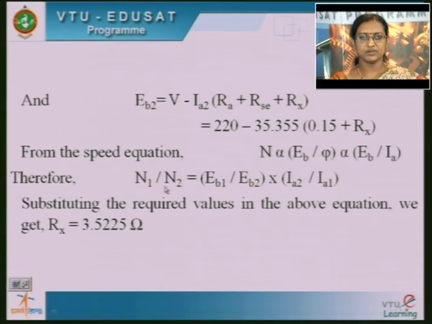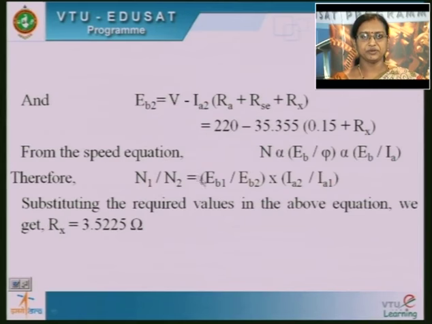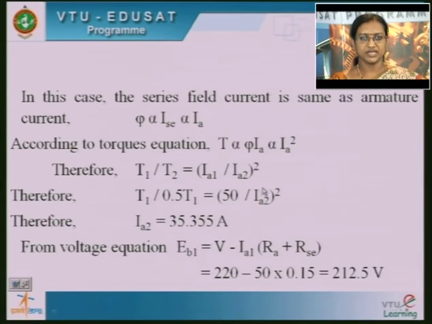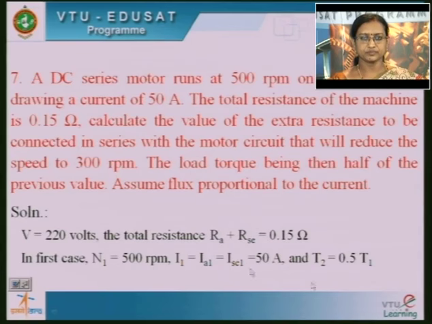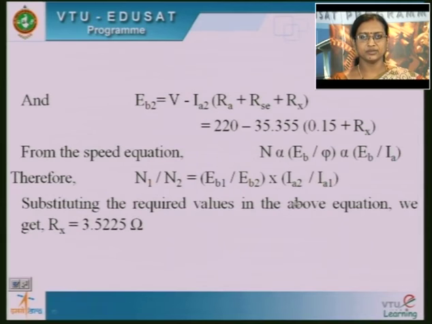So, now you have the value of N1, that is 500 RPM, N2 is equal to 300 RPM, EB1 you have calculated, that is 212.5 volts, and EB2 you have in terms of Rx, substitute that equation in this. IA2 you have calculated, it is 35.355, IA1 is given, it is 50 ampere. So, substitute all the values and the only unknown parameter is Rx, in this EB2 equation. Calculate this Rx, we are getting the value, that is 3.5225. What is the meaning of this?